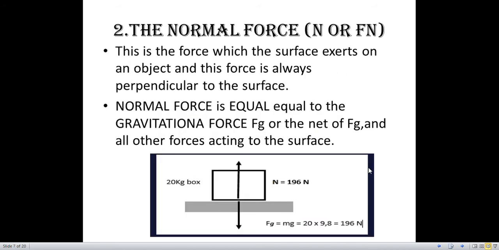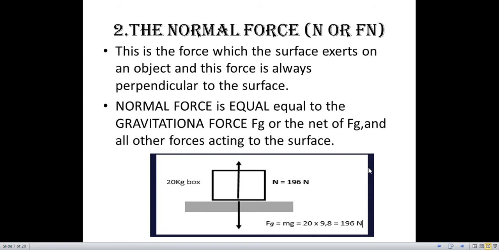Now the normal force, this is the force which is exerted by the surface on an object, and this force is always perpendicular to the surface. What you need to know about the normal force is that it's equal to the gravitational force, or the F net of gravitational force and all other forces that are acting on the surface.